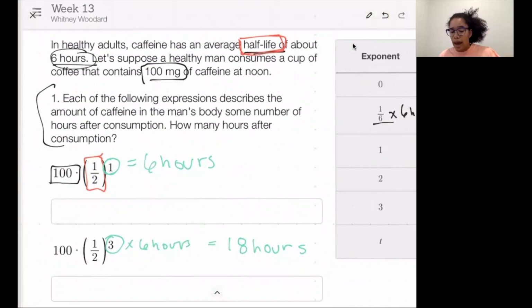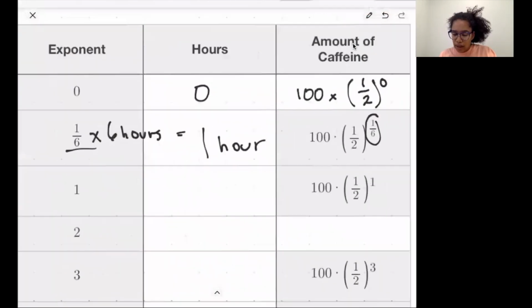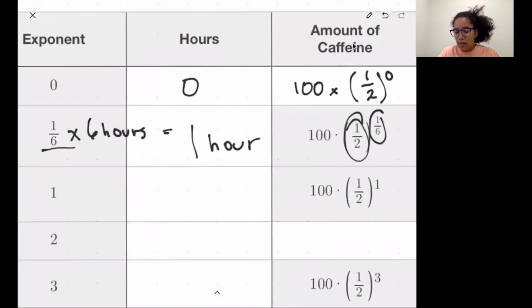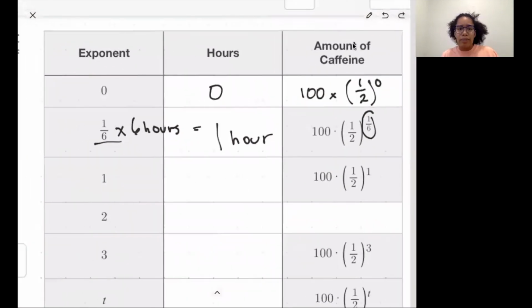It's not going to decay half the amount in 1 hour, it's every 6 hours. And the expression given to us has a 1/2. And we know the milligrams of caffeine is going to decay 1/2 every 6 hours, not every 1 hour. And that's why we're representing 1 hour with the fraction 1/6.